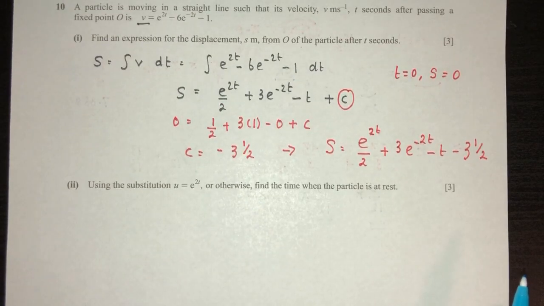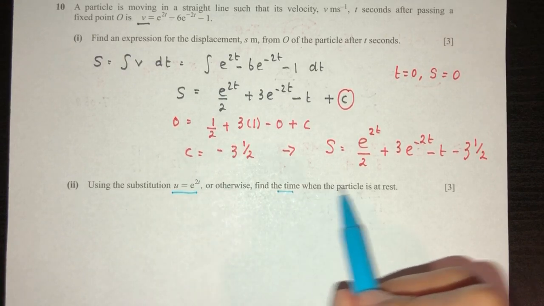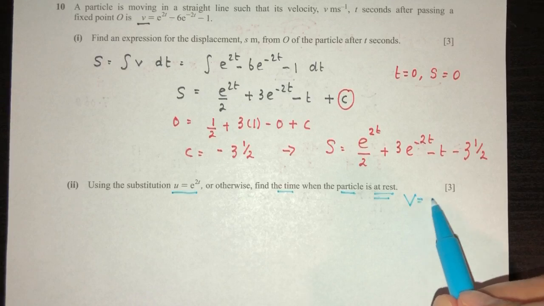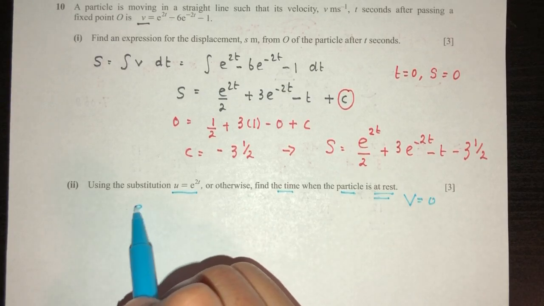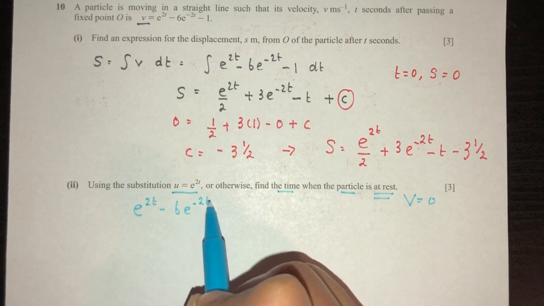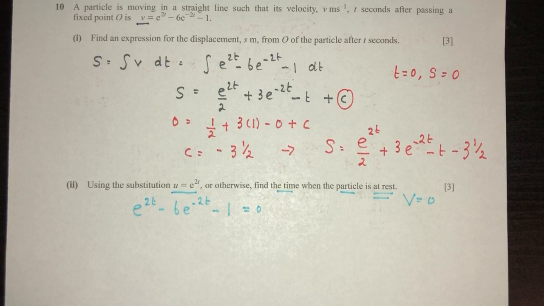Now part 2: using this, or otherwise, find the time when the particle is at rest. So you have to know at rest the value of v is 0. v is given to you already by this equation, and it is 0. Now we just have to play with the equation a bit.